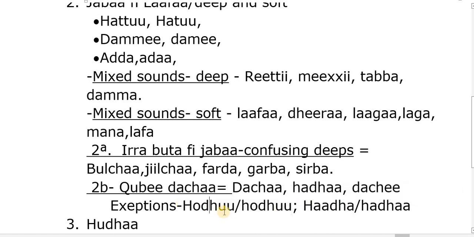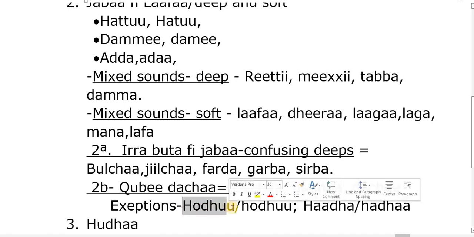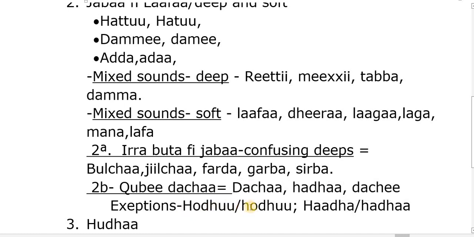I don't know which one to say. Let me say this is hodu, strong, and this is hodu, soft. Hodu, hodu, hodu. Whether strong or soft, we don't double compound sounds. Hada, hada, hada, hada.